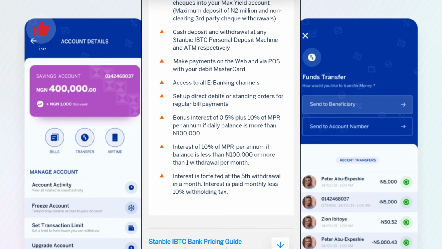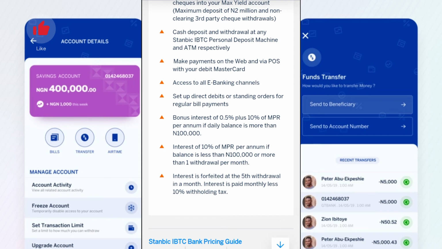So you are going to get that interest rate per annum, that's in a year, if your balance is less than 100,000 naira or if you make more than one withdrawal per month. So you know that this account is a target savings account. You're not supposed to be withdrawing. It's not like your normal savings account. You're supposed to be saving inside the account. It's not that you just be withdrawing anyhow.